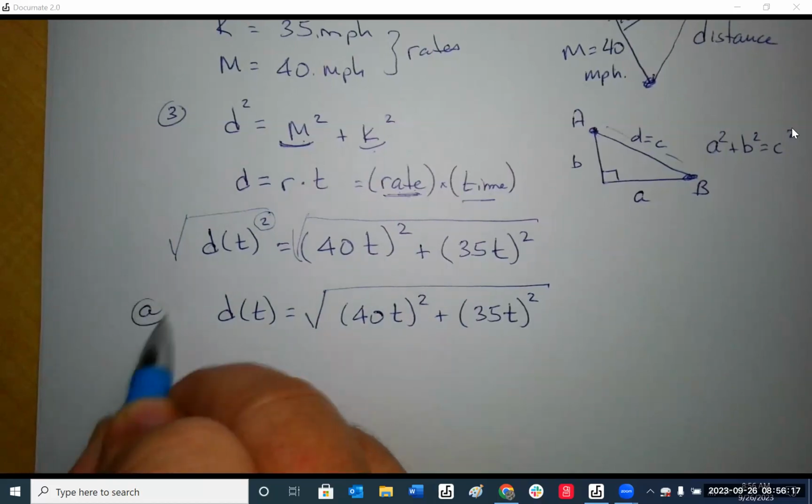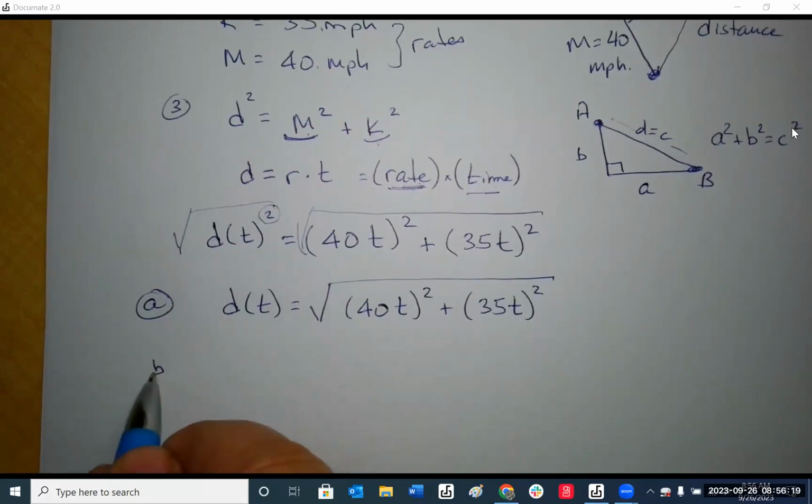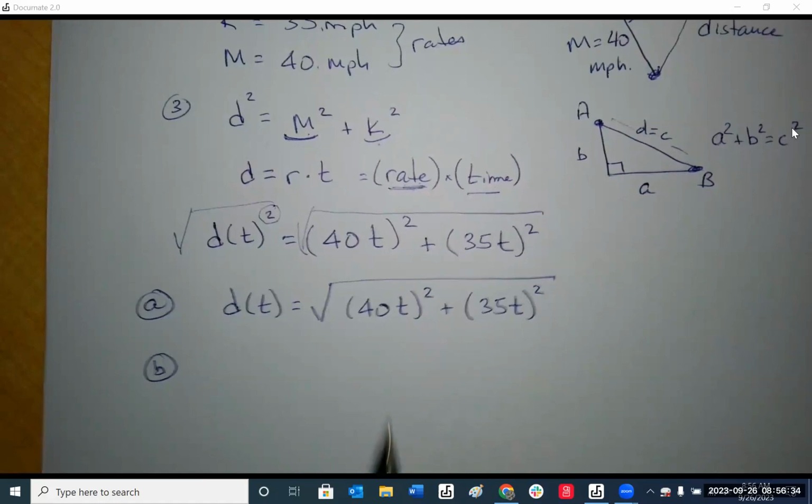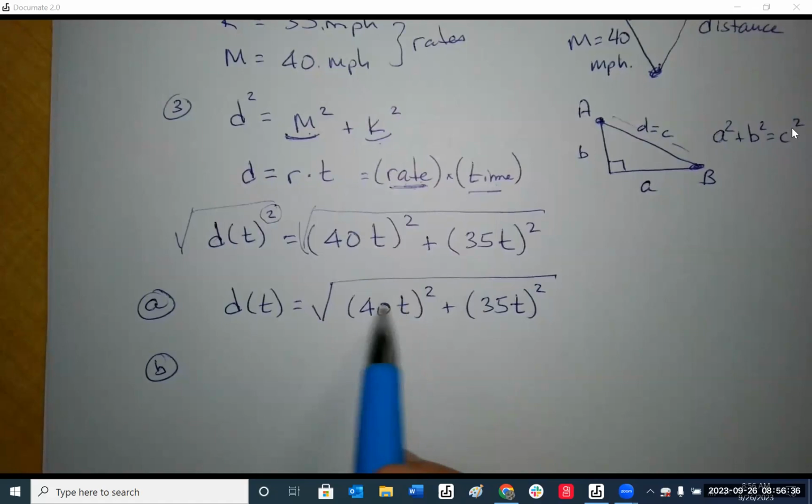This is question A. Question B is asking, what's the domain of the function? Is there any way this number inside here can be negative?